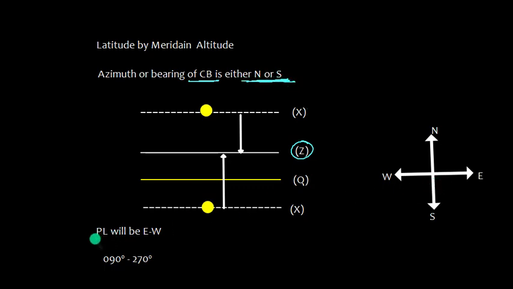Obviously, the position line is 90 degrees to north or south. So, it is going to be east or west, or 090 to 270 degrees. That is the direction of a position line obtained by the latitude by meridian altitude method.